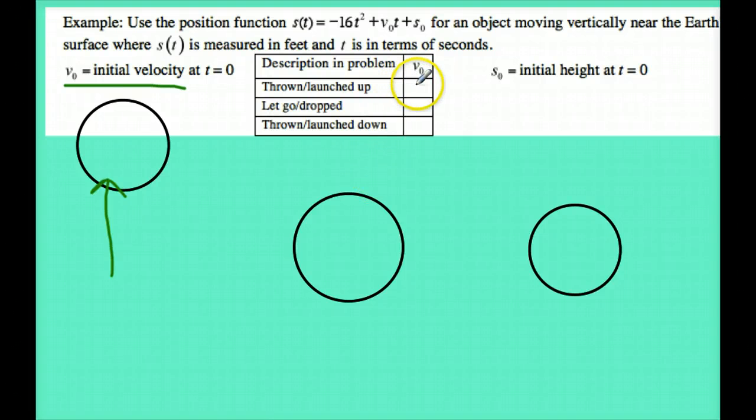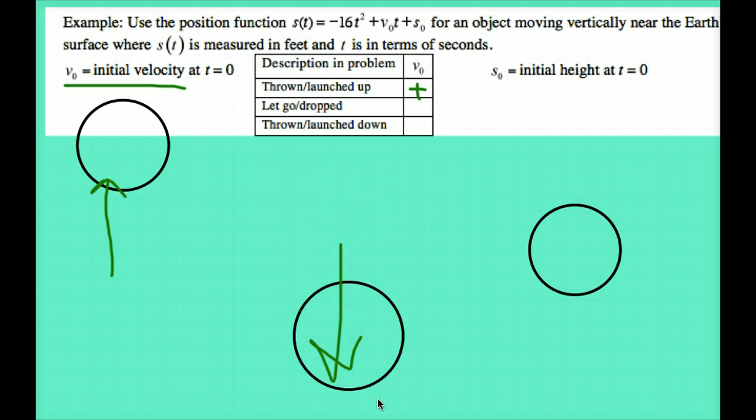Like we said, positive velocity means I'm going upwards. On the other hand, if I am going down, what does my initial velocity have to be? I'm actually thrown down with some force. My initial velocity should be a negative.